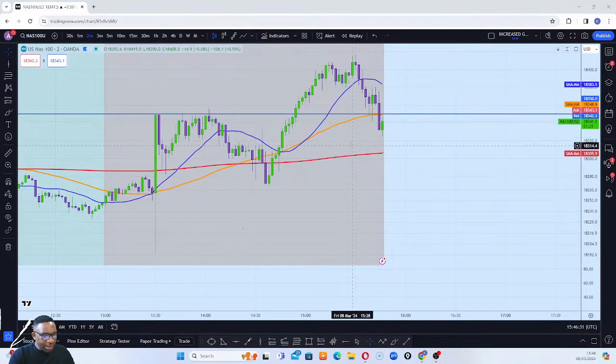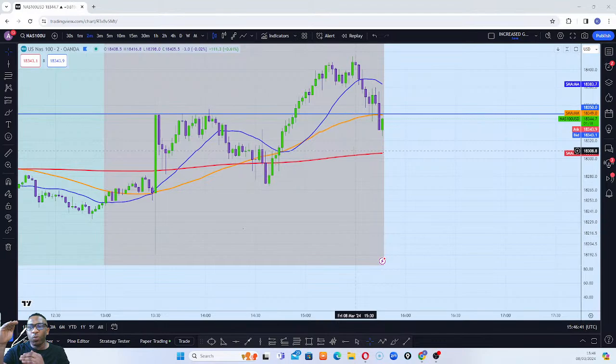So that's cool. We've had a look at keeping our expectations real. Before you even get into the trade, you have to identify where you are getting out, and you have to keep it real.